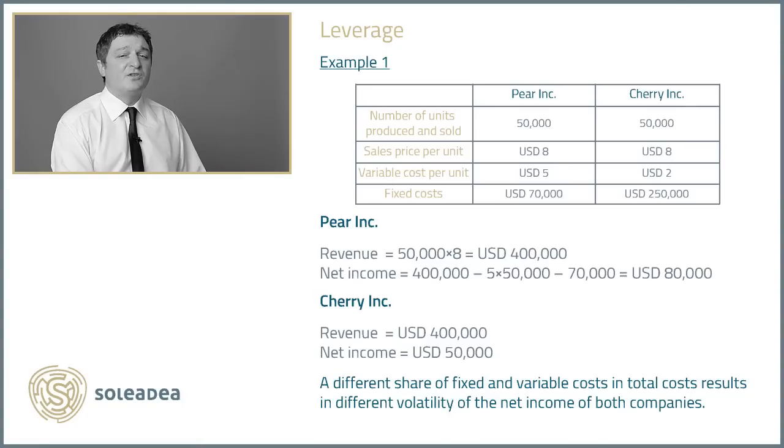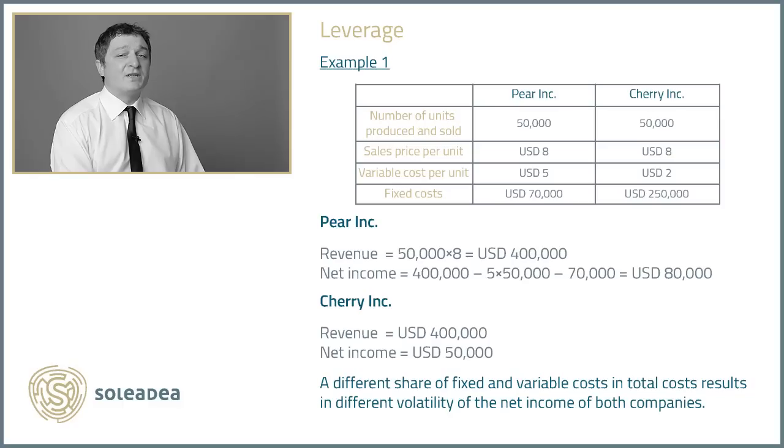In the table, you can see two companies with different cost structures. Both companies have the same sales revenue, amounting to $400,000, which is 50,000 times $8. With the presented sales and costs, the Pear Incorporated net income is $80,000 and is higher than the net income of Cherry Incorporated, which is $50,000.